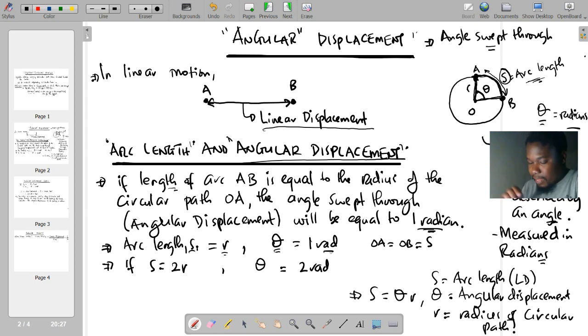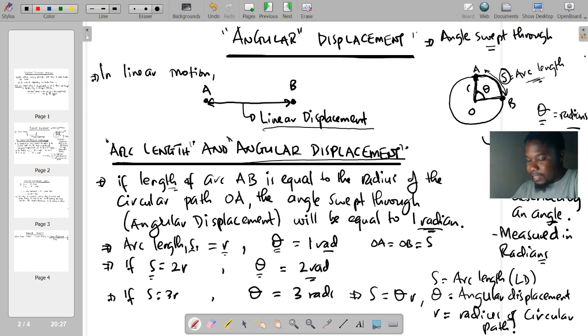All right, and then we say that if the arc length that you have covered is 2 times the radius of that circular path, the angular displacement at that point is 2 radians, okay? 2 radians. Now that means if S is equal to 3 times r, the angular displacement will be 3 radians.